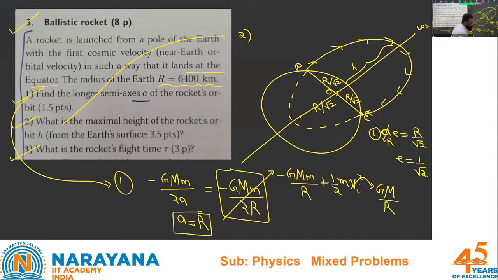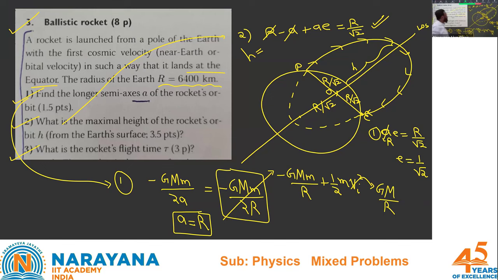Yeah? R minus A term, which is kind of the same, plus AE term. So that is actually R minus A term plus AE term. That is nearly coming out because A is approximately R, so these terms are cancelling out. And this AE is giving me a value of R by root 2. So my H is apparently coming out as R by root 2. That is also fine.